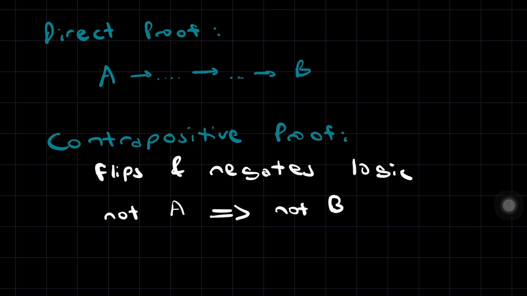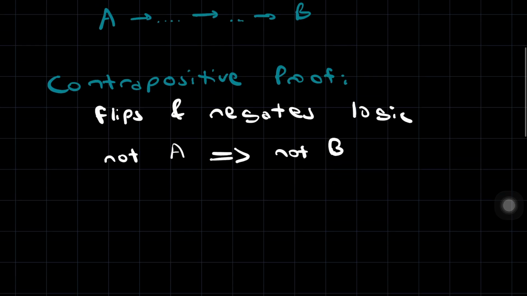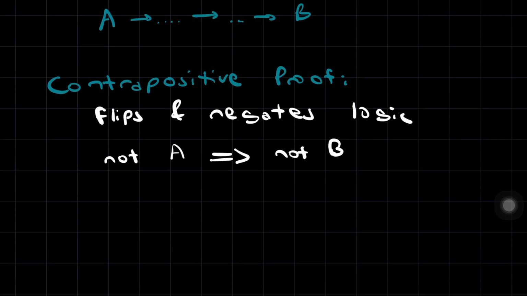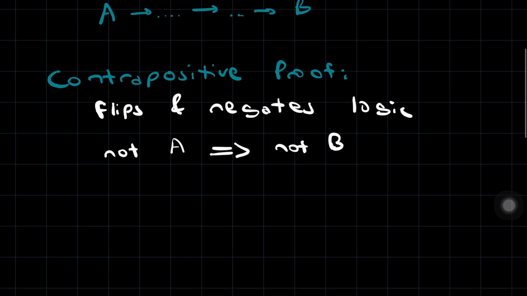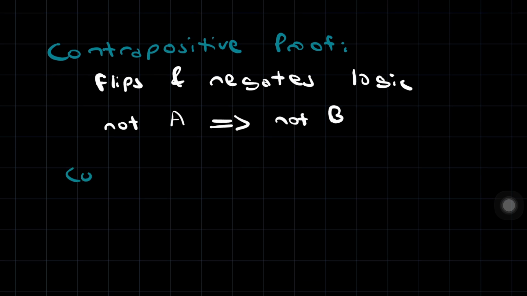And our final tool is arguably considered the most famous tool in all of mathematical logic, which is the proof by contradiction. And this isn't about walking a path or flipping a postcard. It's a bit different.